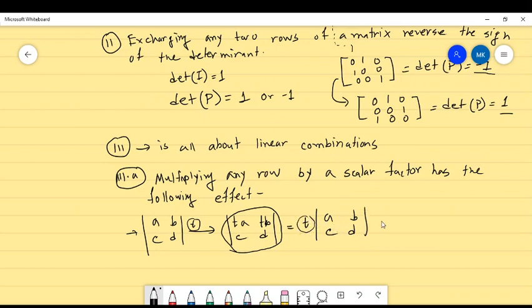If this matrix has a determinant AD minus BC, then the determinant of this multiplied matrix would be T times AD minus BC.